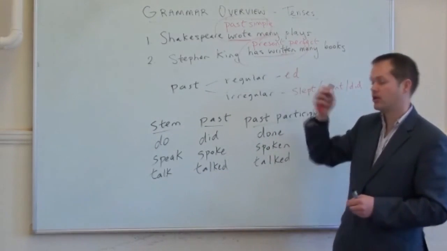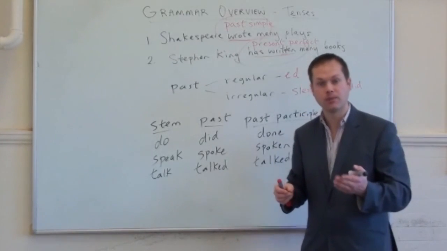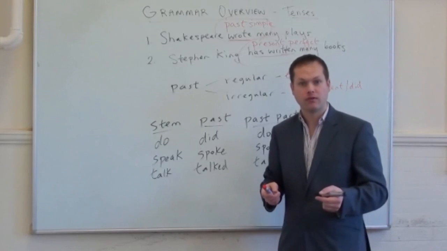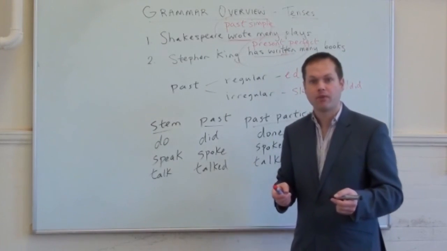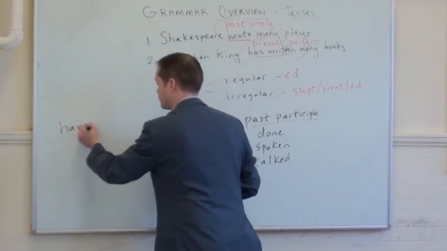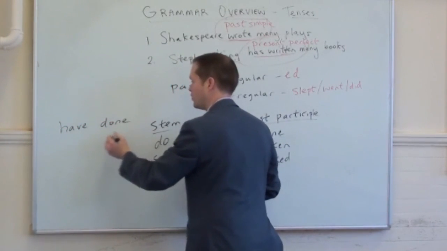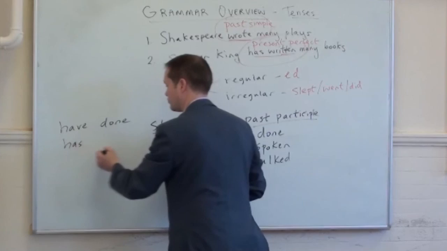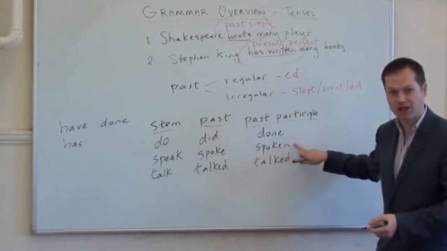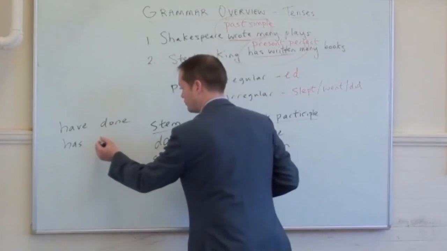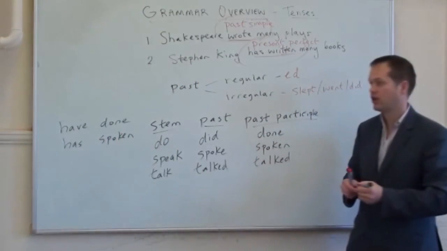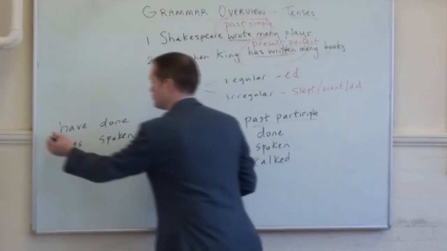So when we're forming the present perfect tense, we use the verb have, for example, have done, or has. And we use the past participle. Okay. I have done, for example.